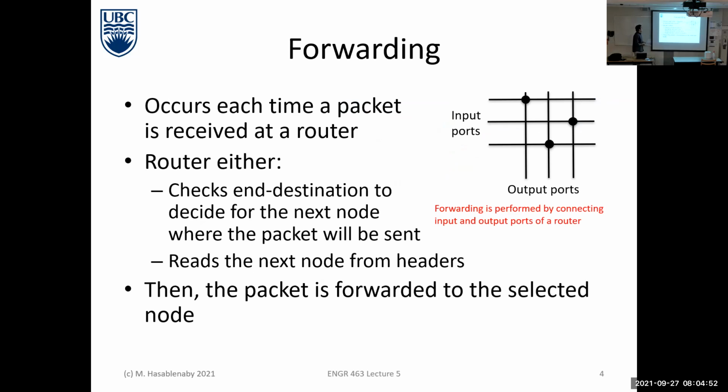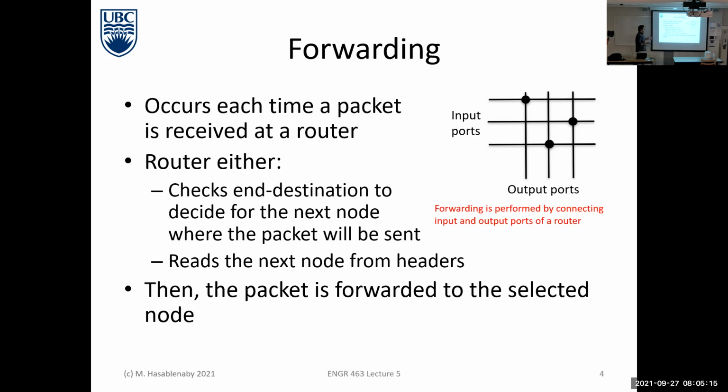Once a packet is received, the router will check the destination address to see where you want to go. You want to go to this network, so I will look at my routing table. I must forward your data through this interface to reach this network.